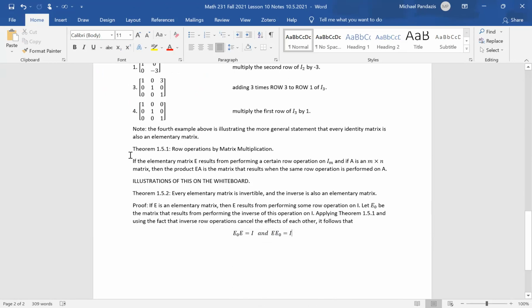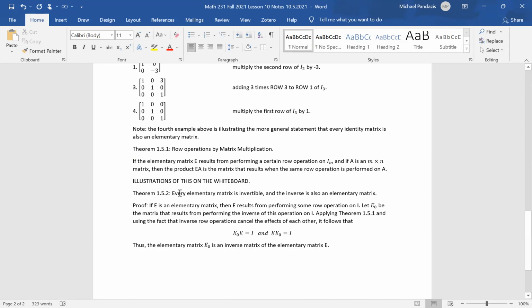And so what happened here is that the elementary matrix E naught is an inverse matrix of the elementary matrix E. So we found that an elementary matrix E has an inverse, E naught.